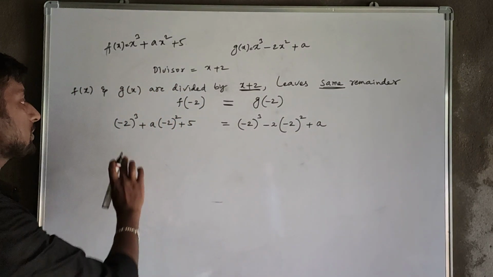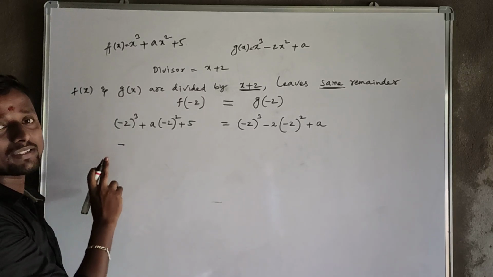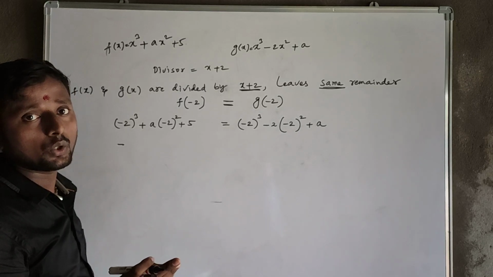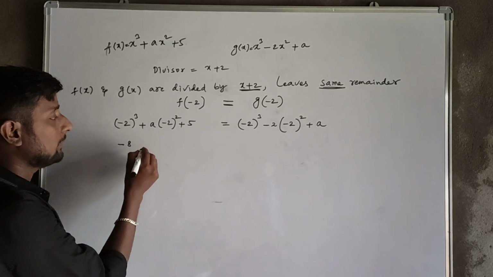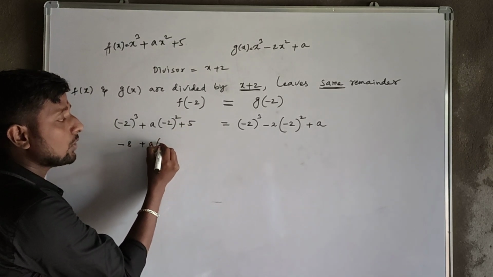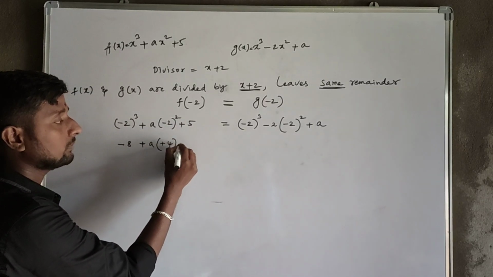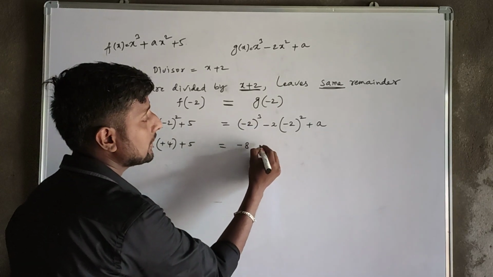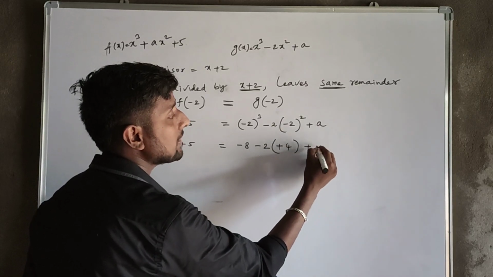I told you many times, negative with odd power, the answer is negative. 2 cube is 2 power 3, that is 2 into 2 into 2. 2 2s are 4, 4 2s are 8. Minus 8 is the answer, plus a. Negative with even power, the answer is positive. So 2 square is 4, plus 5 as it is. Same: minus 8 minus 2 of plus 4 plus a.